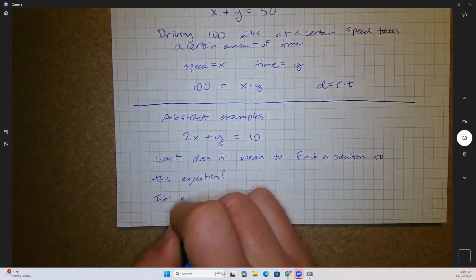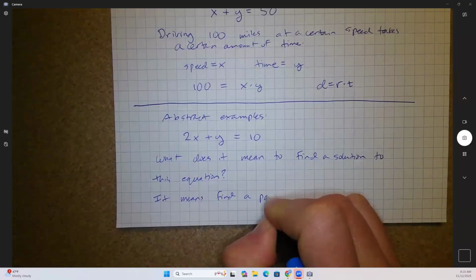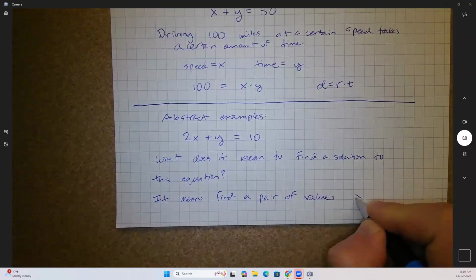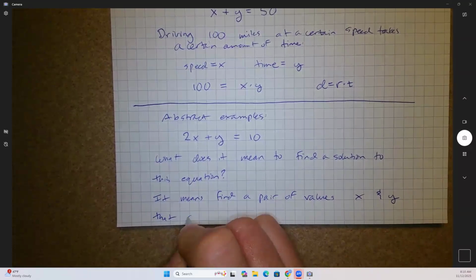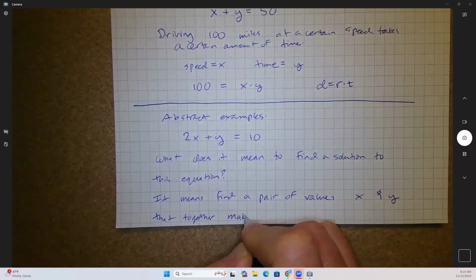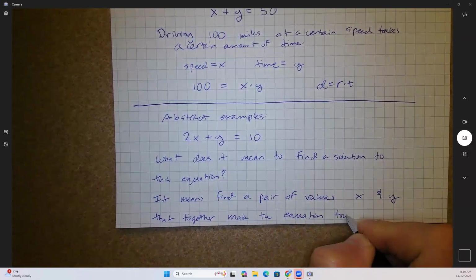It means find a pair of values, an x and a y, that together make the equation true.